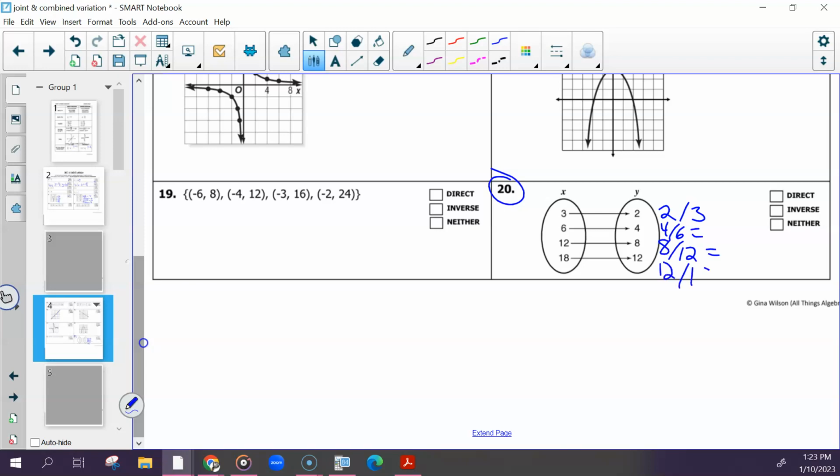And 12 and 18. So let's simplify each one. This would simplify to 2/3, and 2/3 again, and 2/3 again. So this would be direct, inverse, or neither? Direct, because we divided, they're all the same.